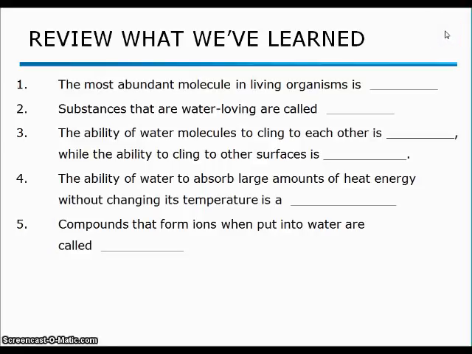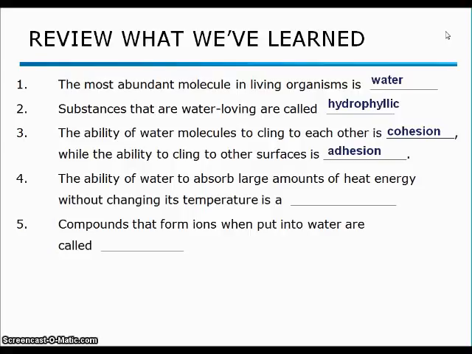Number 1, the most abundant molecule in living organisms is water. No surprise there. Number 2, substances that are water-loving are called hydrophilic. The opposite of that would be hydrophobic, and I think he mentioned that. Number 3, the ability of water molecules to cling to each other is cohesion, while the ability to cling to other surfaces is adhesion.